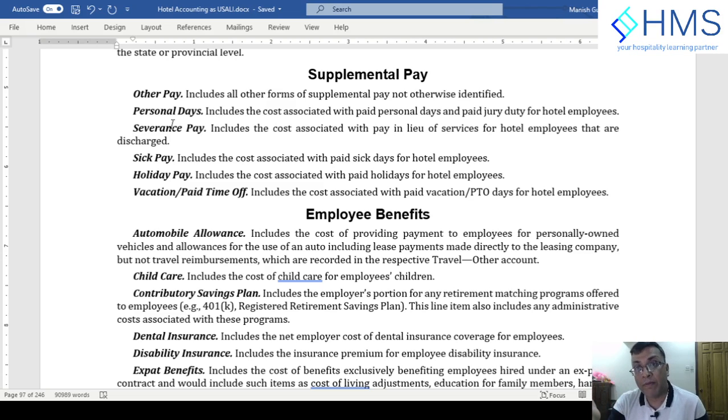Let's say for every year of service you will get 1 month. So for every month of service you will get 2 days or 2.5 days. So every month you will be accumulating that number of days so that you can reach by the end of the year the required provision.